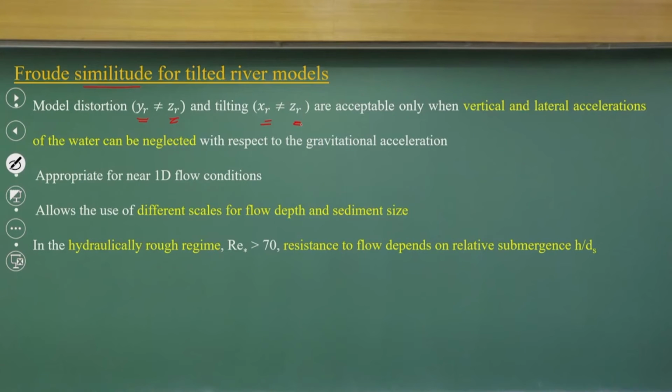So, basically it allows different scales for flow depth and the sediment size. Again you can look at it: when the grain Reynolds number is greater than 70, the resistance to flow depends upon relative submergence. That is what we discussed when talking about the resistance.